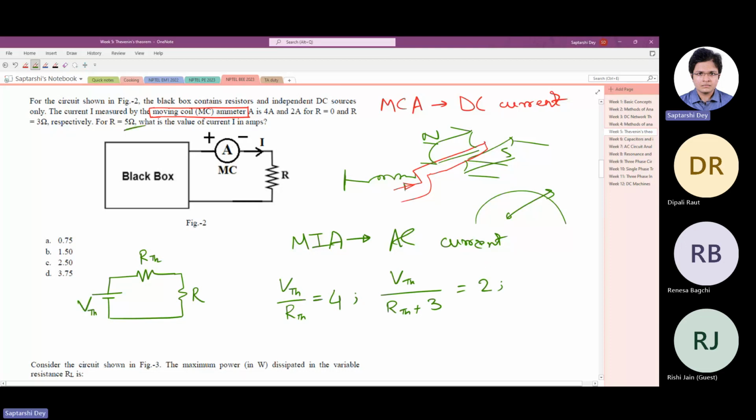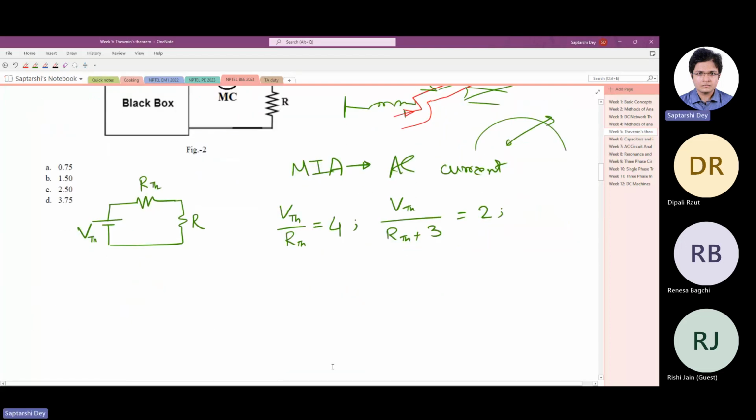Question is, for R equals 5, what is the value of current? Now can you solve these two circuits and tell me the values of VTH and RTH? If you solve, we will get VTH 12 volt. So kindly give us some time, please. Okay, go ahead.